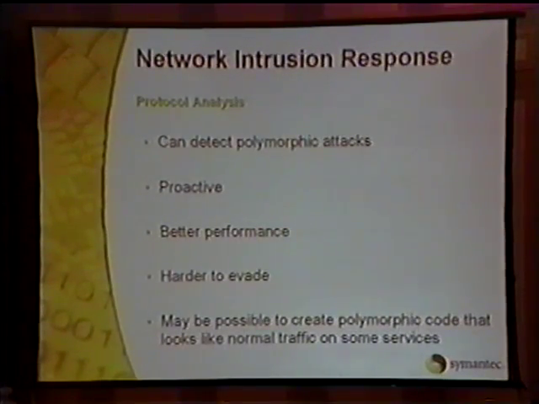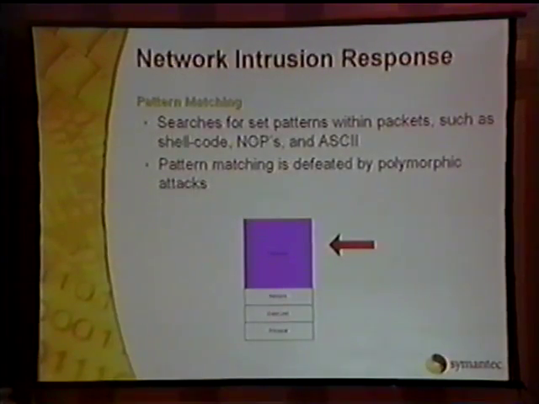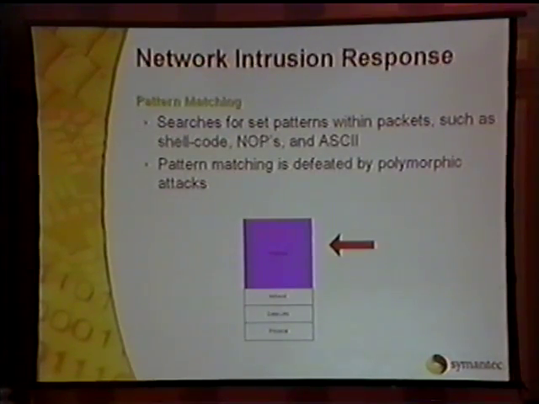But the problem also is that sometimes in the near future I see people creating polymorphic code that actually looks like normal traffic. Here we go into pattern matching a little bit, and we can see exactly how polymorphism evades pattern matching.